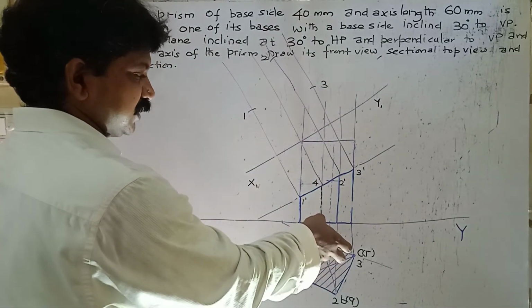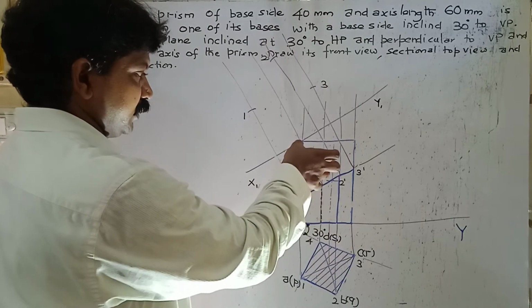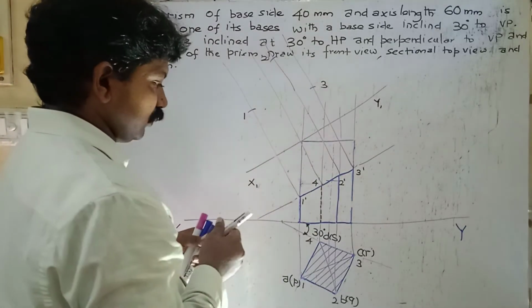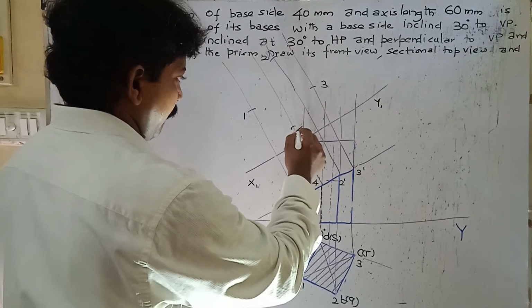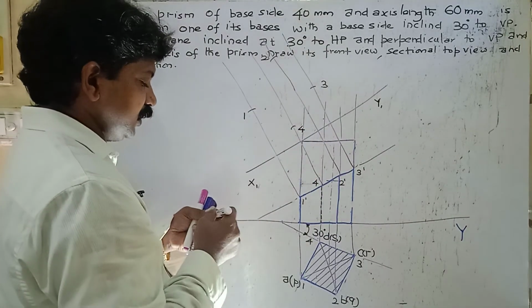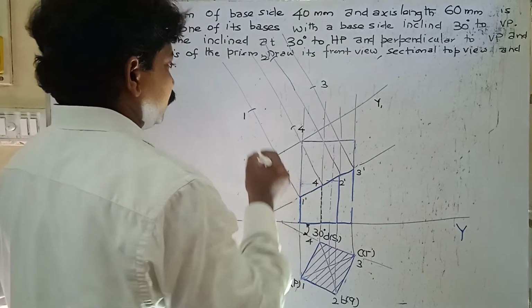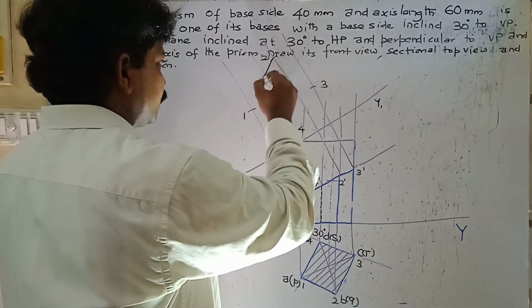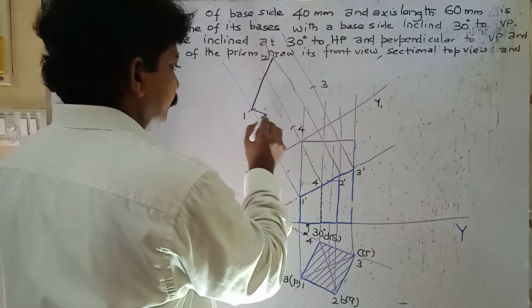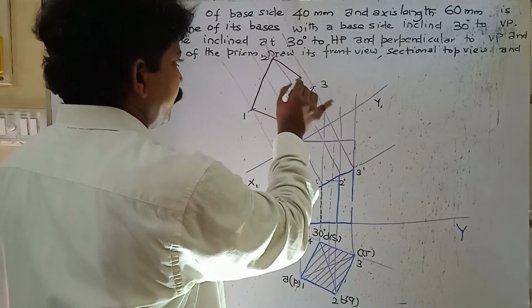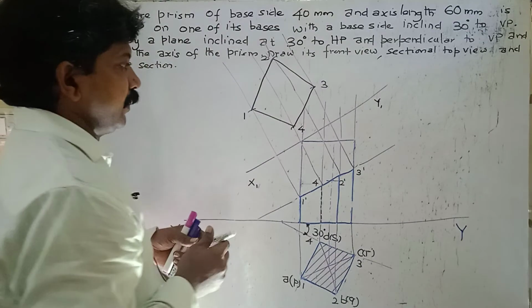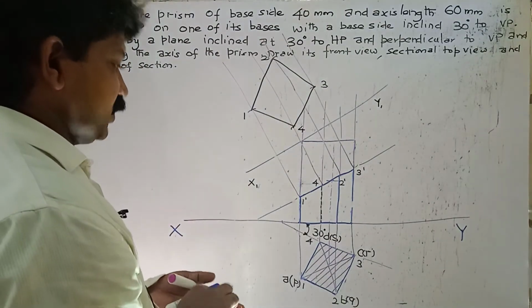Take the XY axis to point 4 distance as radius, from the corresponding point draw the arc, mark the point 4. Now join all the points to get the true shape of the section.